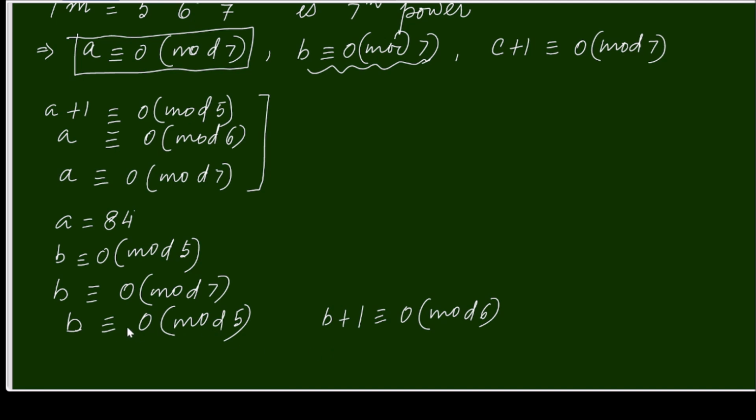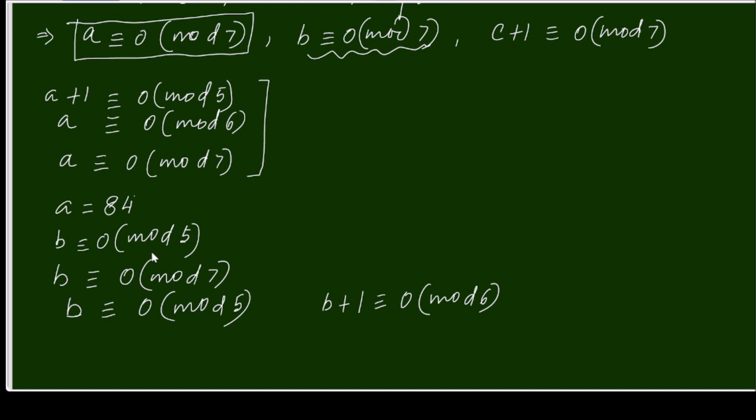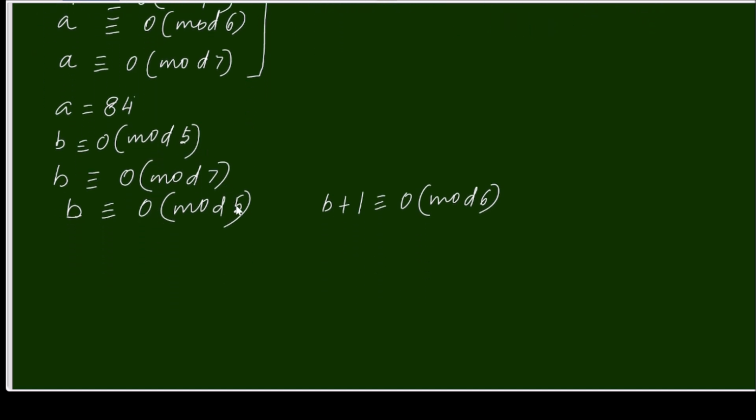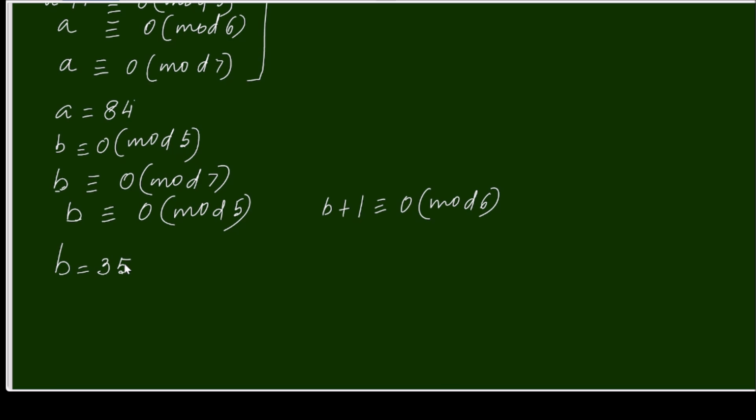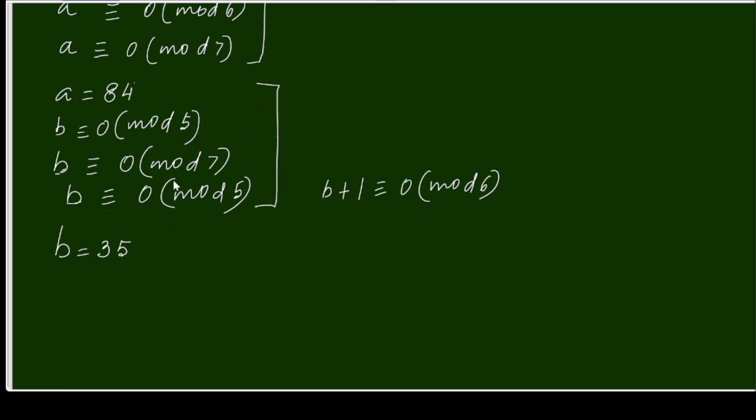So it is simple, 7 times 5, so b will be 35. From these three observations, we got b equals 35.